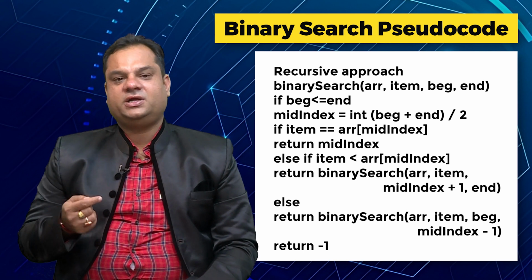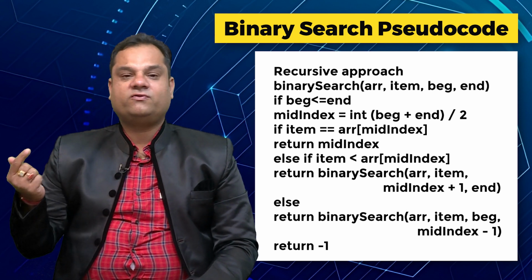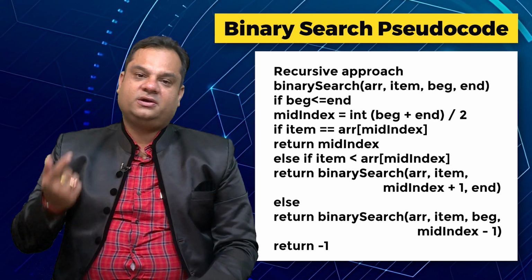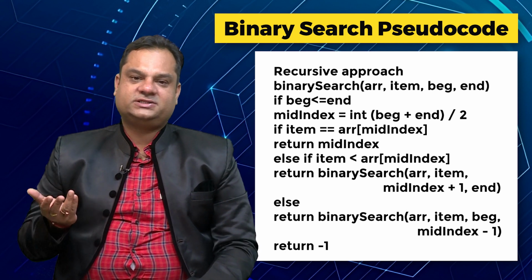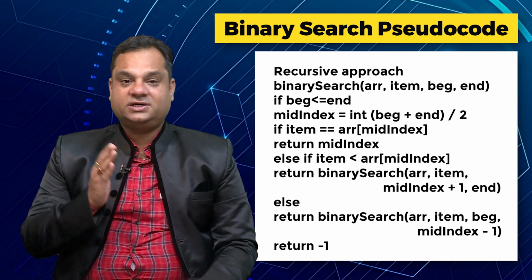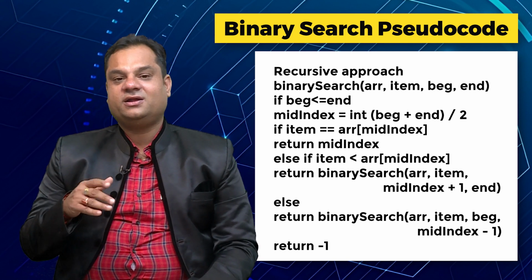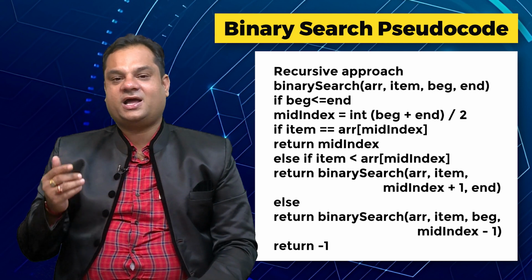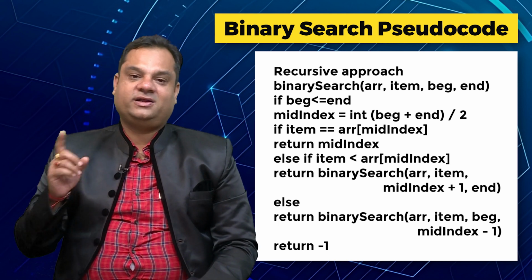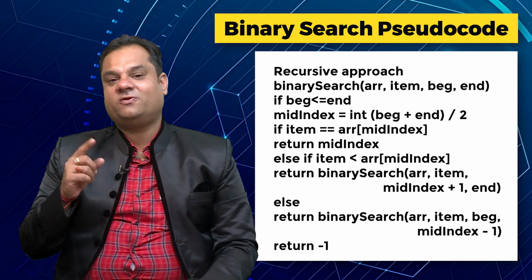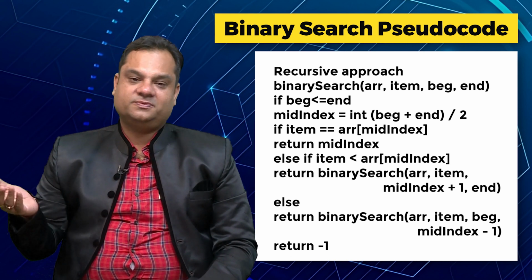If item equals array of mid index, return mid index. Else, if item is greater than array of mid index, return binary search again with the parameters array, item, mid index plus 1 and end. Here we are updating our beginning pointer with the help of mid index plus 1.